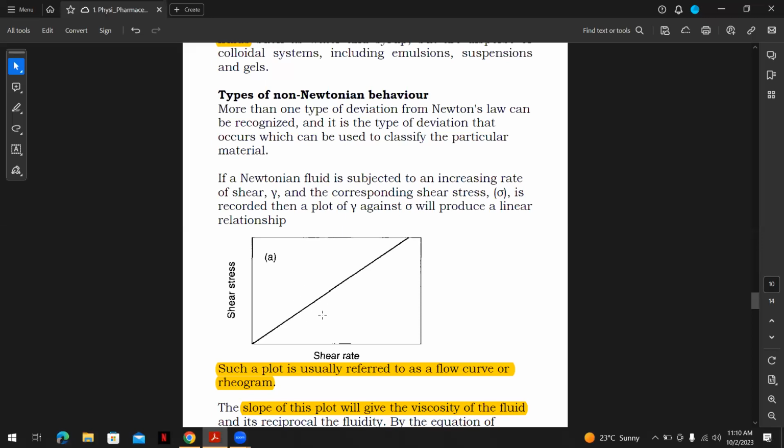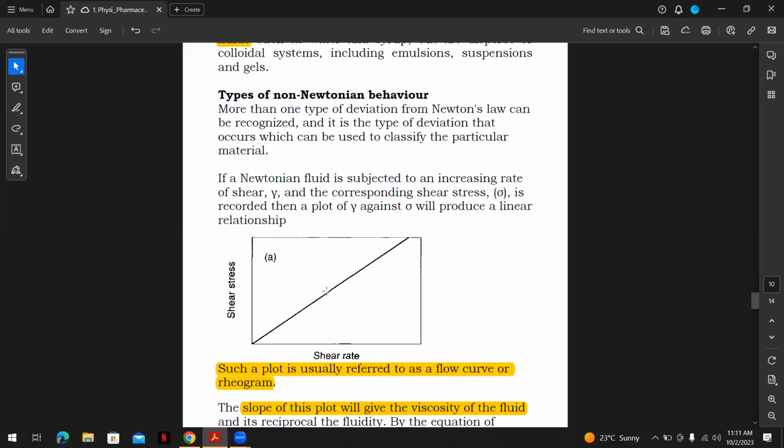In this graph, we see a Newtonian fluid subjected to an increasing rate of shear. Shear rate is like, if you've used shea butter, the more force you apply as you rub your hands, the more it becomes like liquid. Whatever you're doing with your hands, that's shear rate.